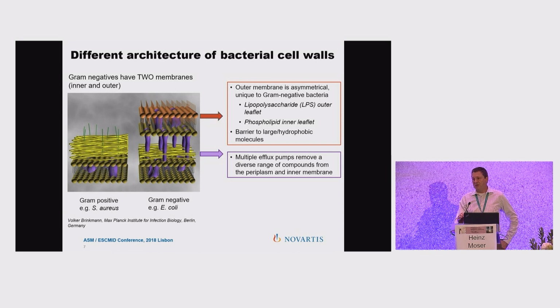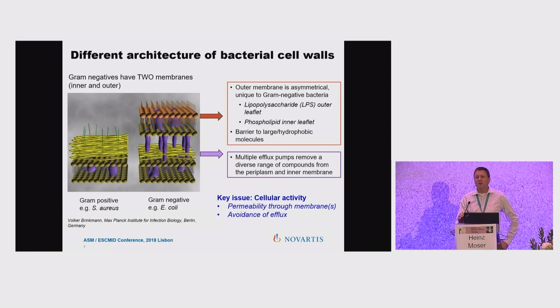But on top of it, on gram-negatives, you have that outer membrane, which has its own lipid A, which sits on the outer side, so it's an asymmetric cellular membrane, and that particular lipid membrane is almost impermeable to molecules.